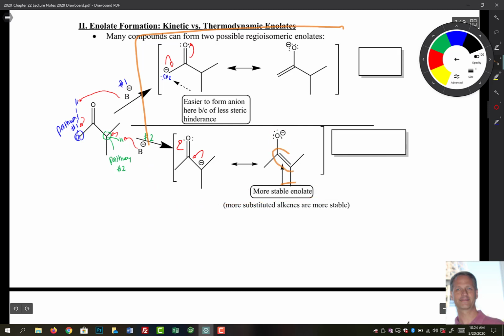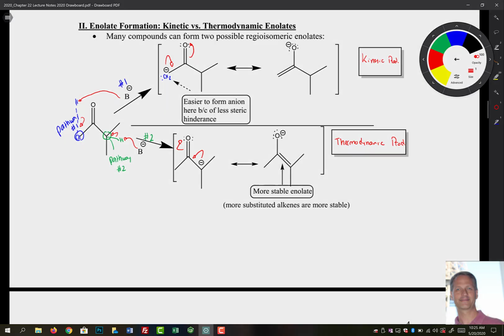Carbon-carbon double bond, maximally substituted, that's a good thing. So that's the most stable. The most stable enolate is going to lead to the product that is more thermodynamically stable, so we call this the thermodynamic product. Now, the enolate that most easily forms, the fastest, we call the kinetic product.